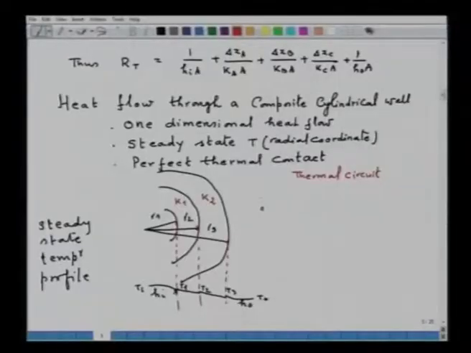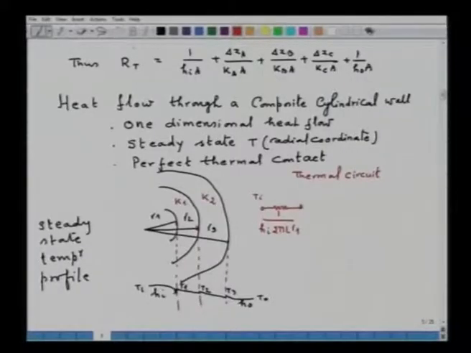So, if we want to represent the thermal circuit, then for example, here somewhere we have temperature Ti, then we have the resistance which is 1 upon Hi into 2 pi L into R1. Note that for the wall which is facing the furnace, the heat transfer coefficient corresponds to the diameter or the radius of that particular wall.